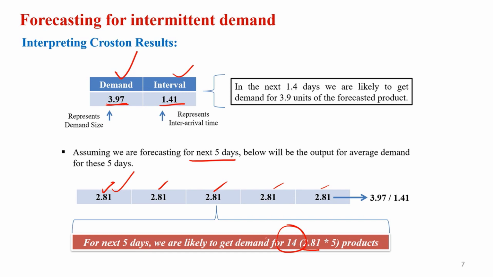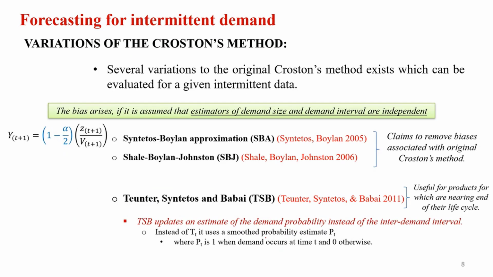Now if I talk about the variations of the Croston method, different authors say there is a bias in the Croston method. What kind of bias? They say that if the demand size and the inter-demand time interval are independent, then there may be bias.